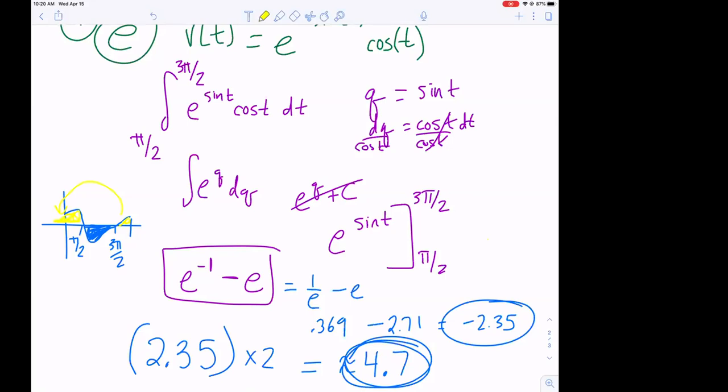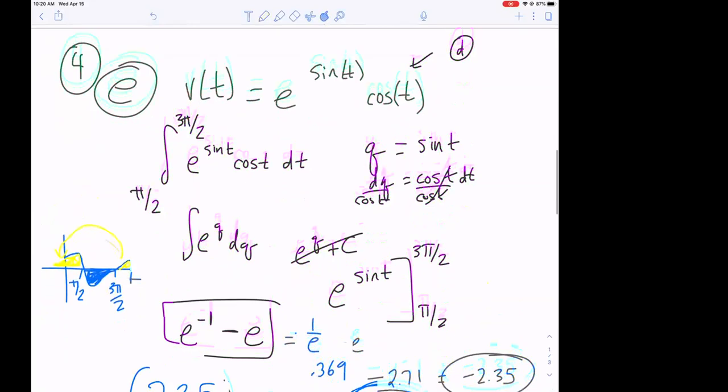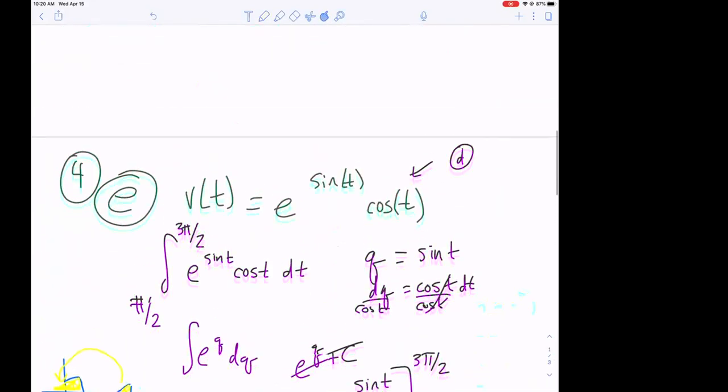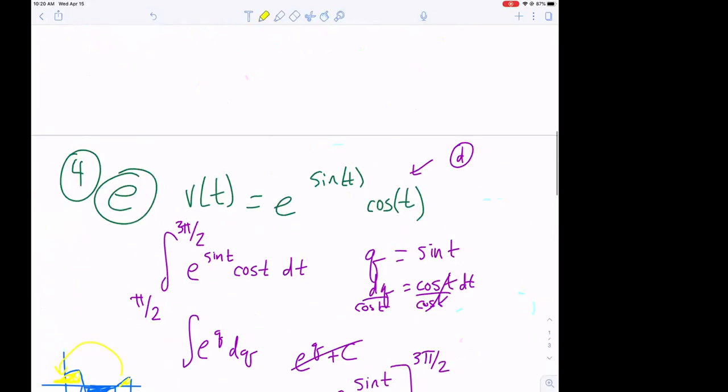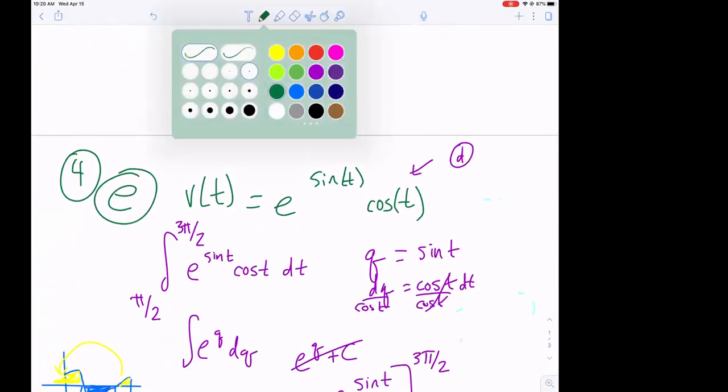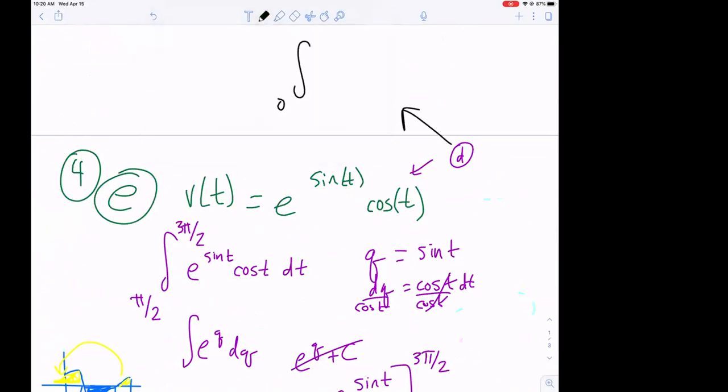Now technically, I like how Emma was basically like, I was just eyeballing it and I think it was right. What lets us know that that's going to be the case is if I come back here and double check D. So let's find the actual integral from 0 to 2 pi of this thing. Let's not go through the work of doing the Q thing because we already know it's just going to be e to the sine t from 0 to 2 pi.